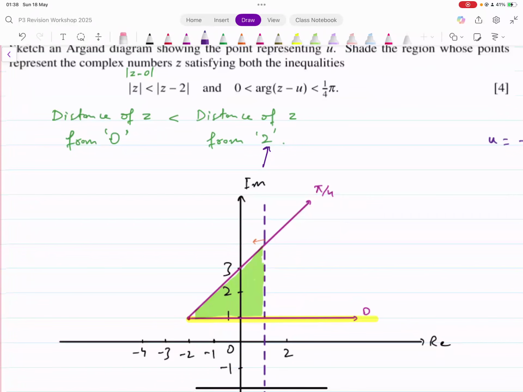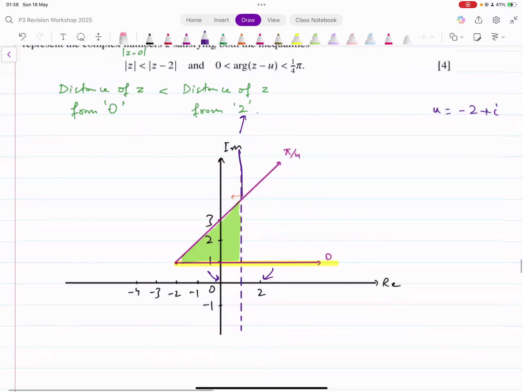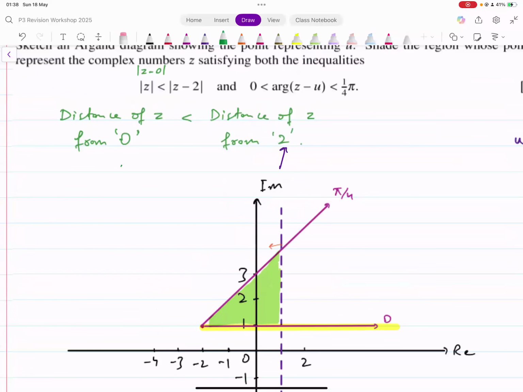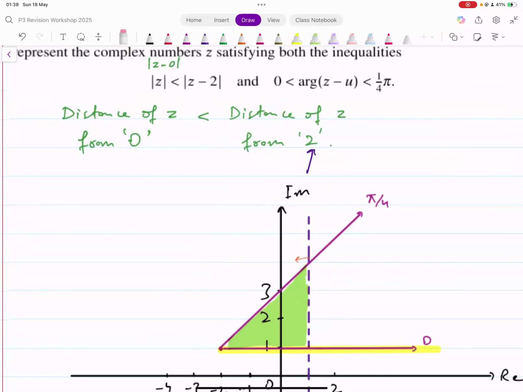For those 2 points, one is 0 and the other is 2. What's the perpendicular bisector going to be? It's going to be a vertical line at 1, right? That's the perpendicular bisector. And now the condition is distance from 0 is less as compared to distance from 2. Which side should we shade?